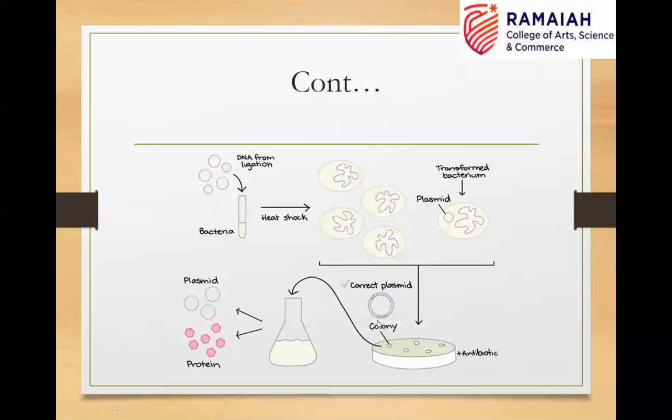Since these plasmids carry the gene for antibiotic resistance, the cells containing plasmid will grow on the antibiotic plate. But further, we need to select the colony containing the right plasmid, in the sense the plasmid containing your gene of interest, and that will be grown in larger quantities, which can be further used for plasmid analysis or for the production of the protein.